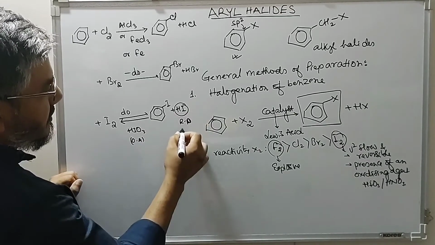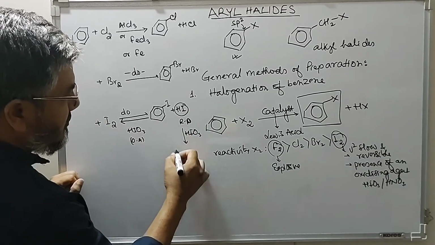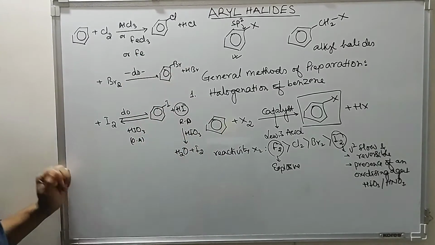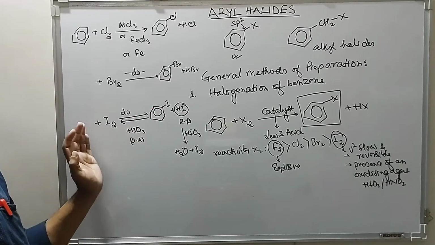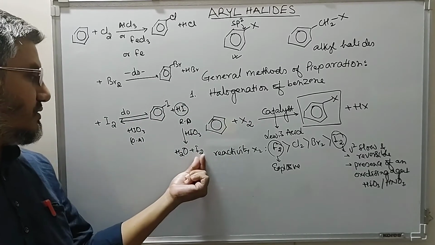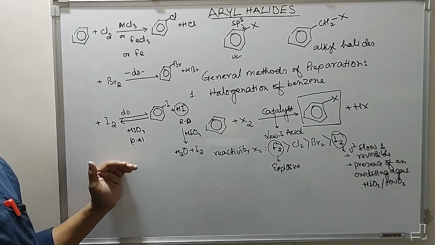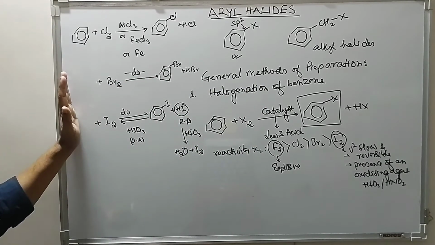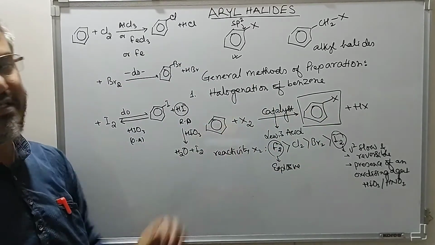The reducing agent HI reacts with HIO3 and is converted into H2O and iodine. So you are removing the product from the equilibrium. According to Le Chatelier's principle, the equilibrium is shifted in the forward direction, and simultaneously we are increasing the concentration of iodine, which is the reactant in this reaction. So both these factors shift the equilibrium in the forward direction. This is the preparation of halogen substituted benzenes from benzene.